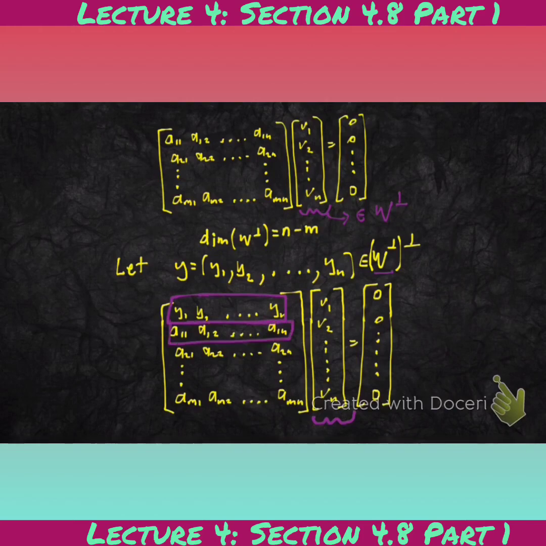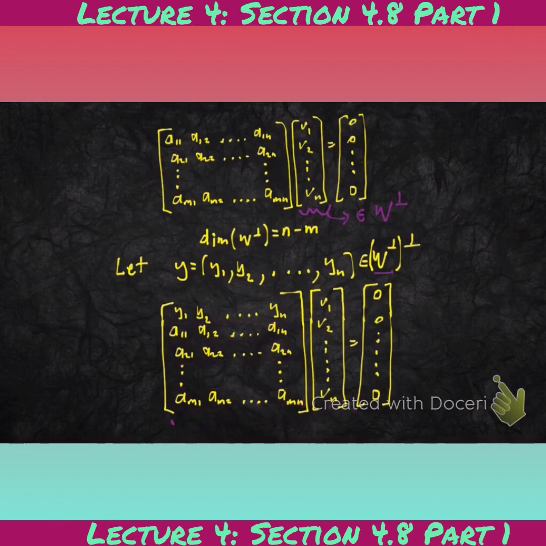So again, it has to be orthogonal to all these rows, which means that this vector here is in the null space of this whole matrix here.